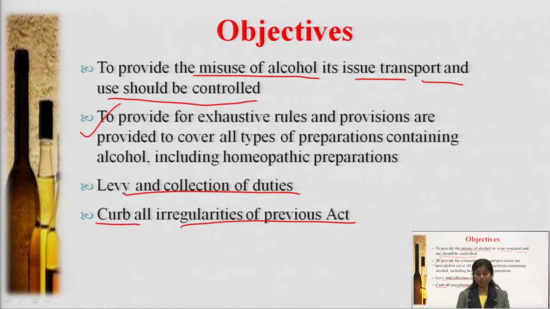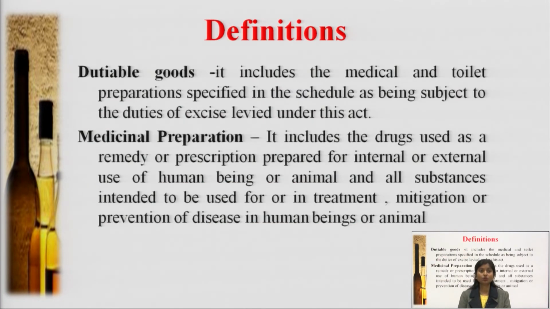So, these were the objectives. Now, let us go through the definition portion, some of the important words that you should be thorough with. The first one is dutiable goods.